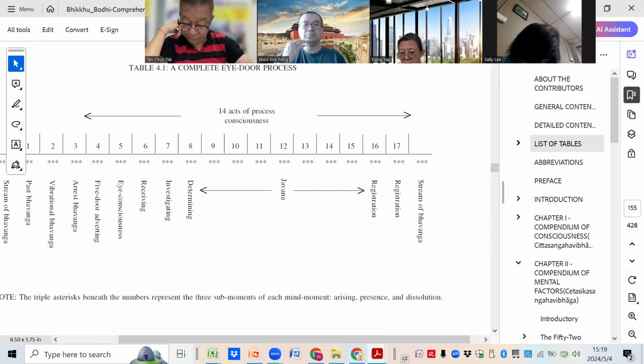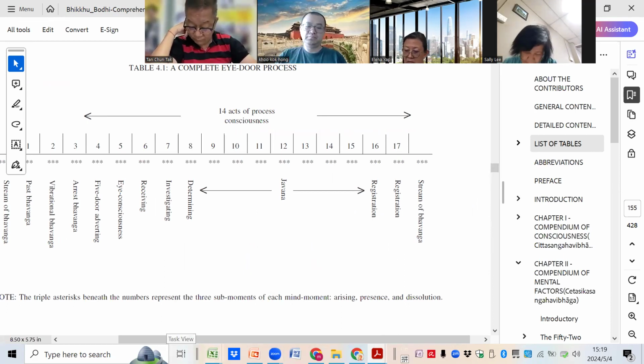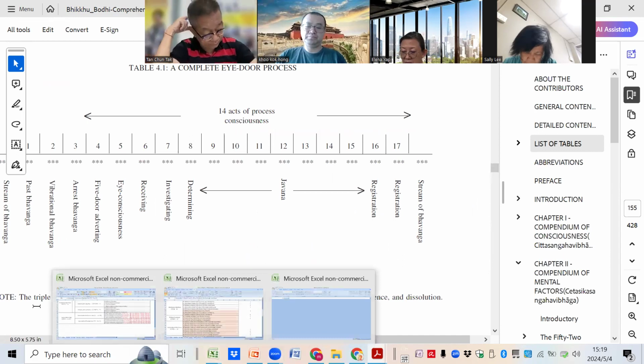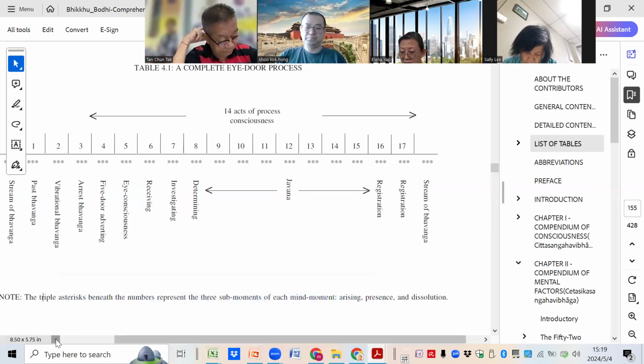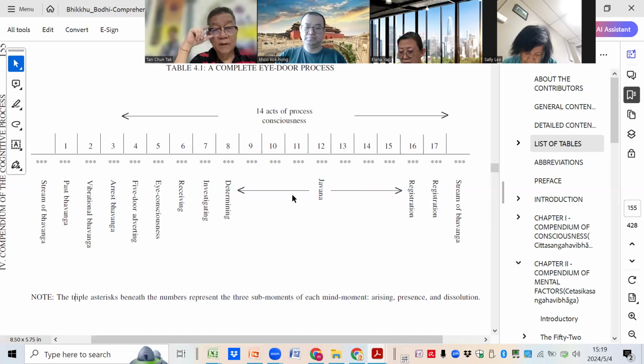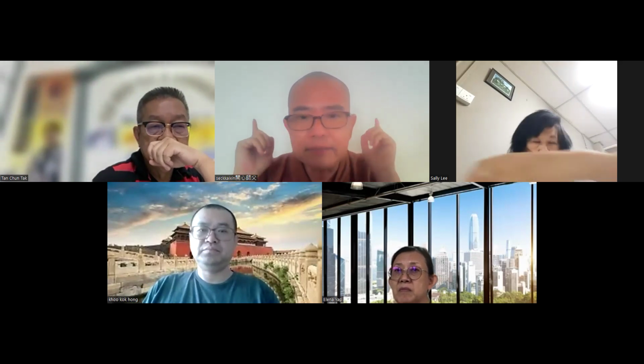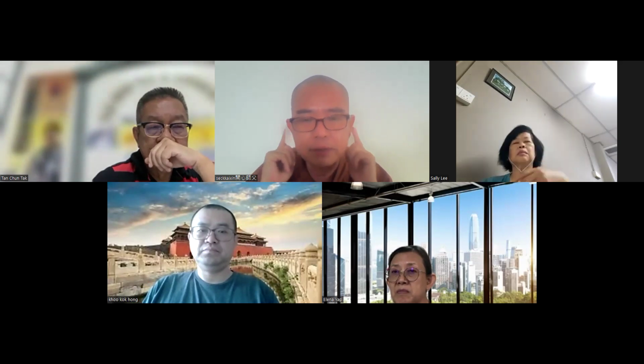For example, let's say you are hearing my sound. Once you hear it, your ears start to process the sound, and then the sound will channel to our brain.